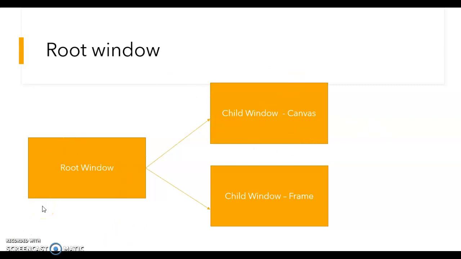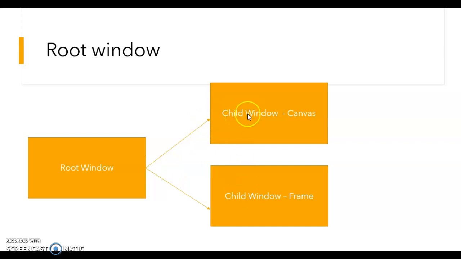Root window is nothing but a window provided for the user, where we can display our text, our images, widgets, etc. Now, in the root window, you can allot your space. The space can be allotted for our use by making a child window.